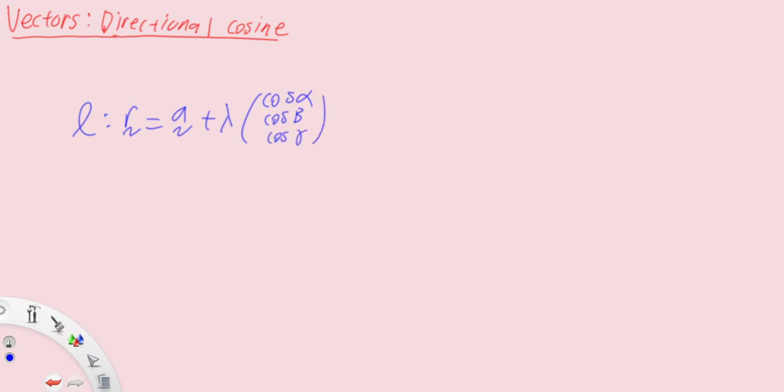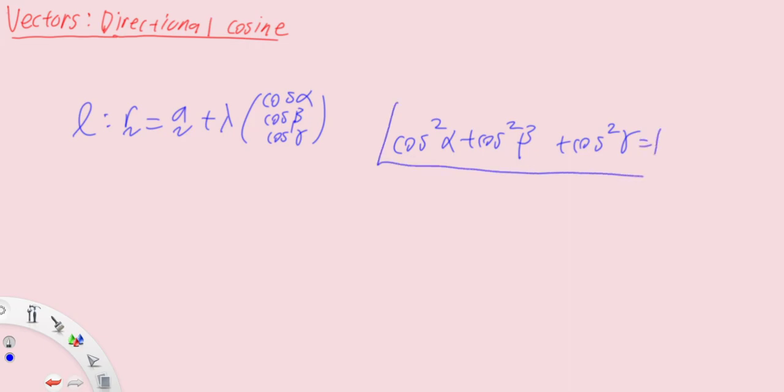And we know the identity is cosine squared alpha plus cosine squared beta plus cosine squared gamma gives us a value of 1. And this is actually an important identity because sometimes they will give us two of the angles, and then we need to find the third angle and then be able to find the direction vector of the line.